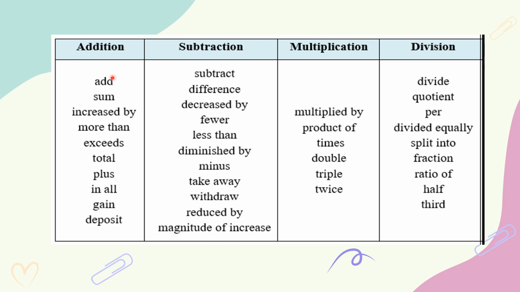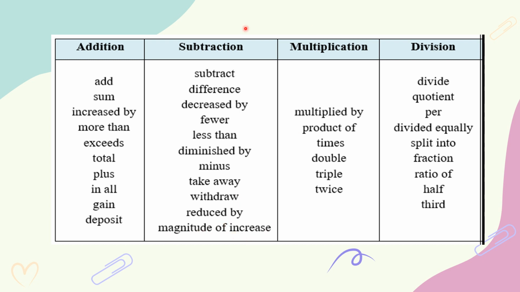In addition, we have add, sum, increased by, more than, exceed, total, plus, in all, gain, and deposit. In subtraction, we have subtract, difference, decreased by, fewer, less than, diminished by, minus, take away, withdraw, reduced by, magnitude of increase.